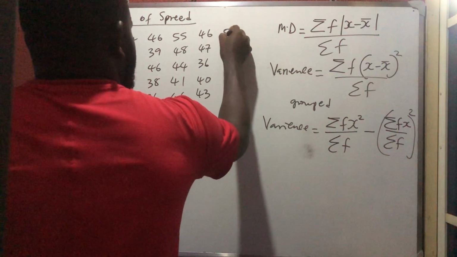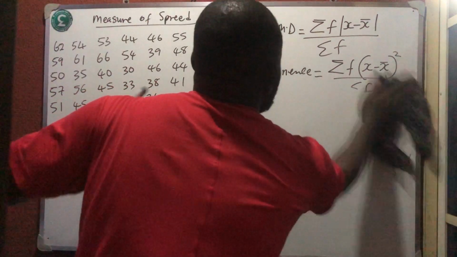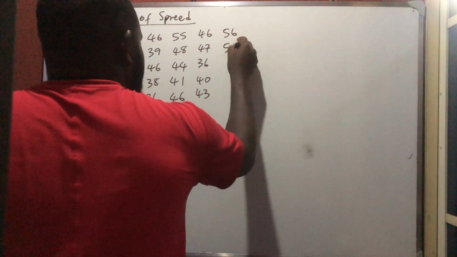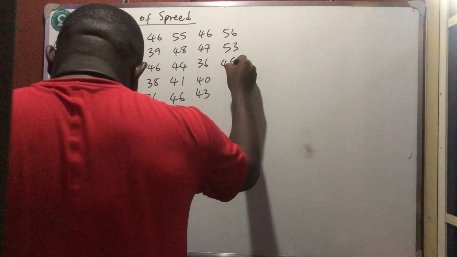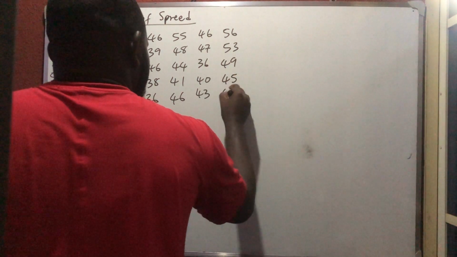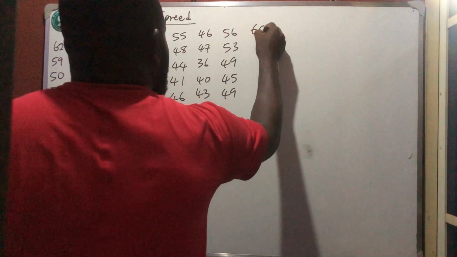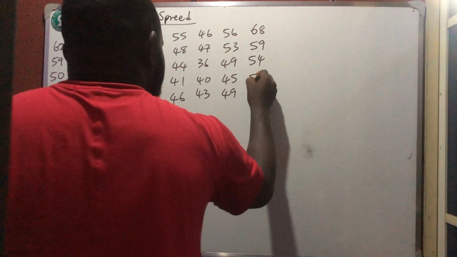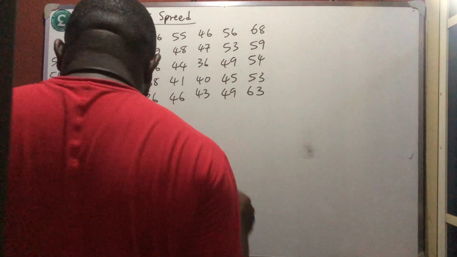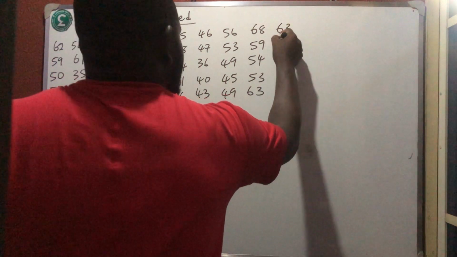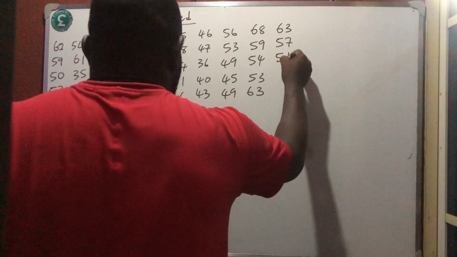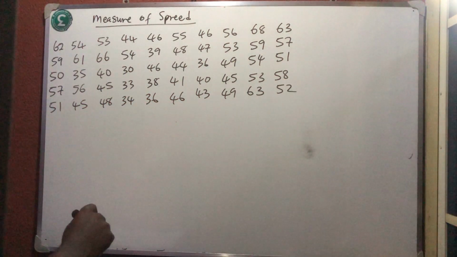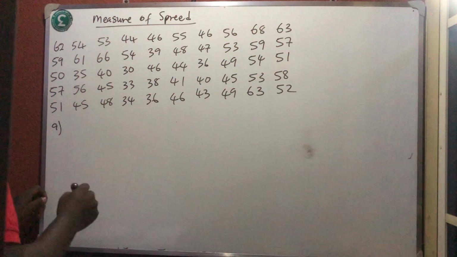Okay, 56, 56, 56, 53, 49, 45, 49. Okay, 68, 59, 54, 53, 63. Then finally 63, 57, 51, 58, 52.